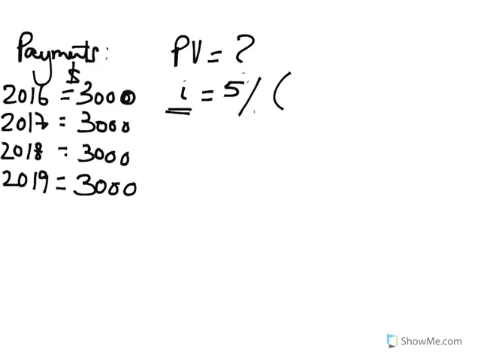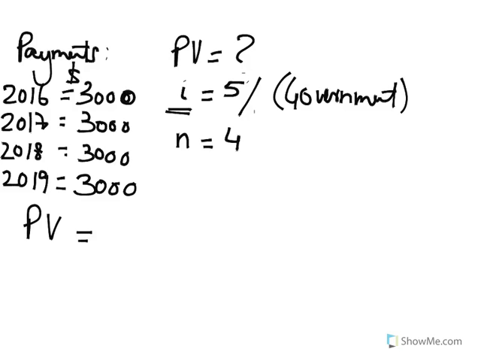Let's just call this a reliable government source. So we know that money is going to lose about 5% value each year. We also know that we have an annuity for 4 years. So let's see how we get the present value of these $3,000.